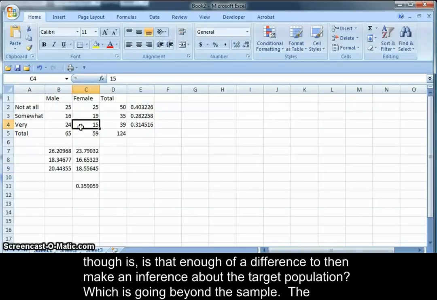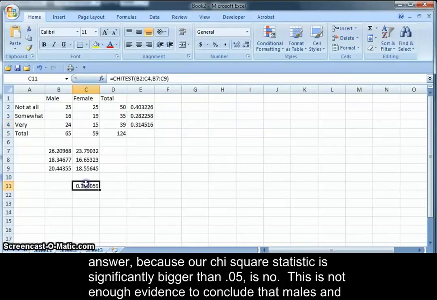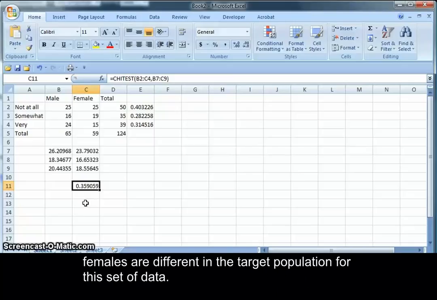Our question, though, is that enough of a difference to then make an inference about the target population, which is going beyond the sample? The answer, because our chi-square statistic is significantly bigger than 0.05, is no. This is not enough evidence to conclude that males and females are different in the target population for this set of data.